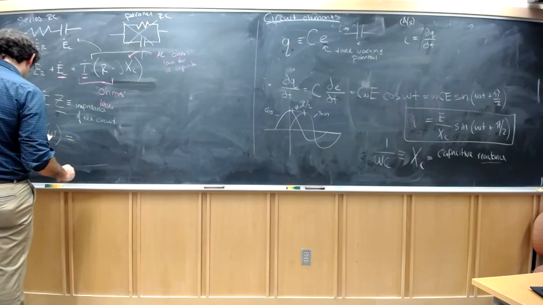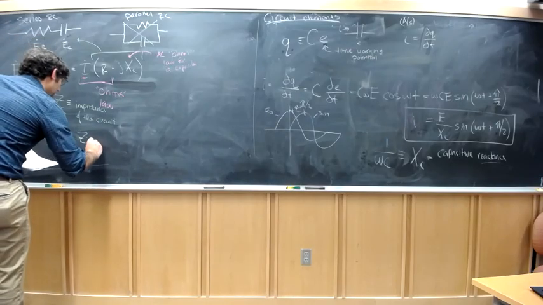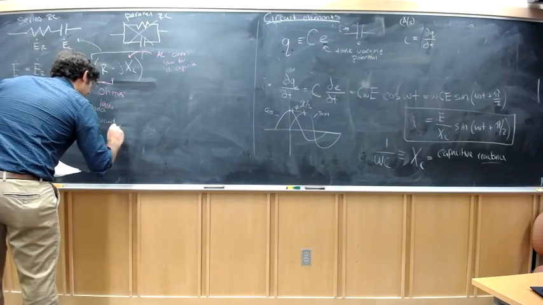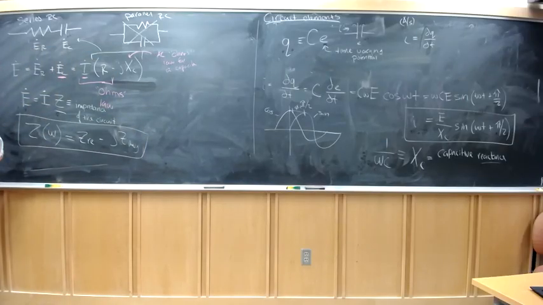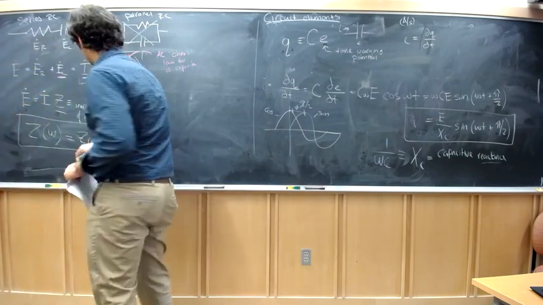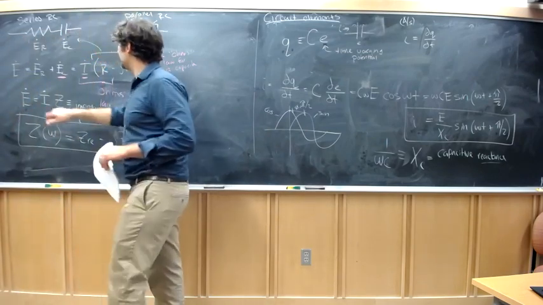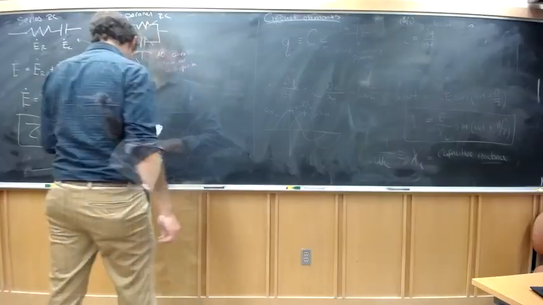So in general, Z(omega) is going to have a real component and an imaginary component. This is in fact what you measure in the lab experimentally. You measure the real and the imaginary component of the impedance.